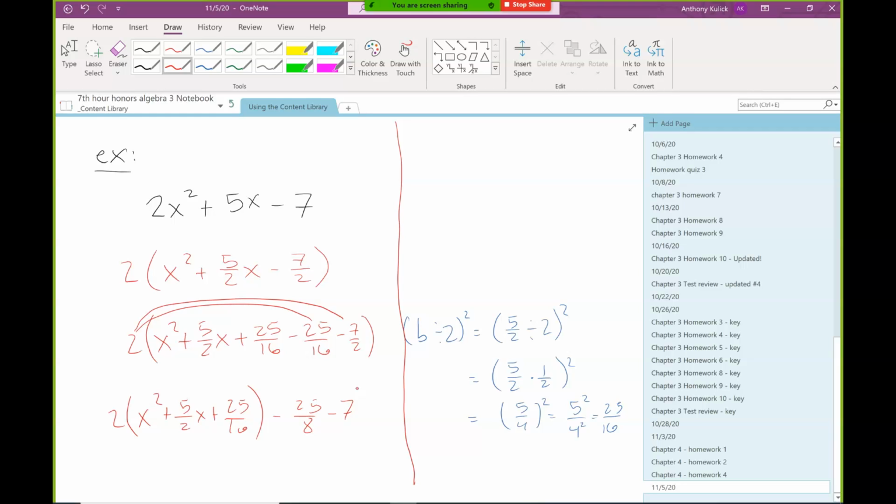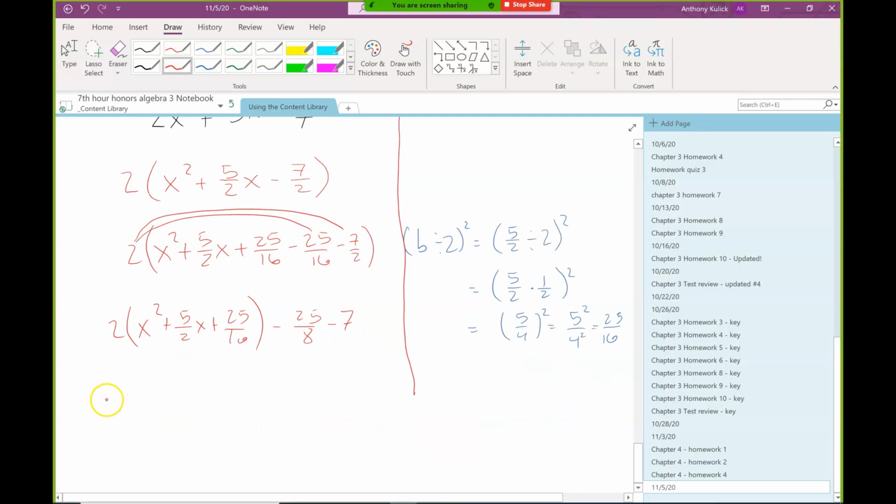Right, 2 times 25 over 16 becomes 50 over 16, which reduces to 25 over 8. And 2 times 7 over 2 becomes 14 over 2, which reduces down to 7. I didn't write that part out, I just said it aloud. I hope you're okay with that.